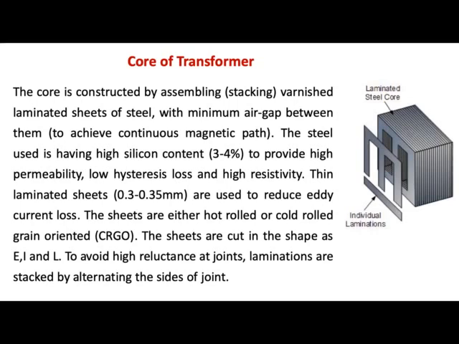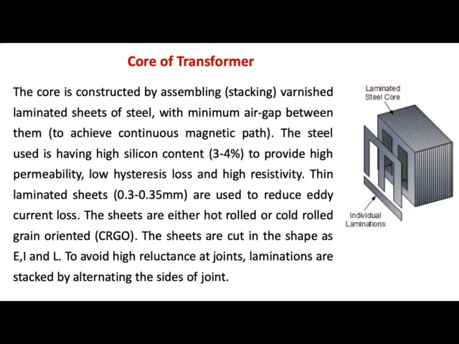Now in the figure we can see that instead of having a solid core, thin sheets are used to make the cross section of the core. The thin sheets of this metal are used to reduce the eddy current, because by increasing the resistance of the solid material, the eddy current can be reduced.